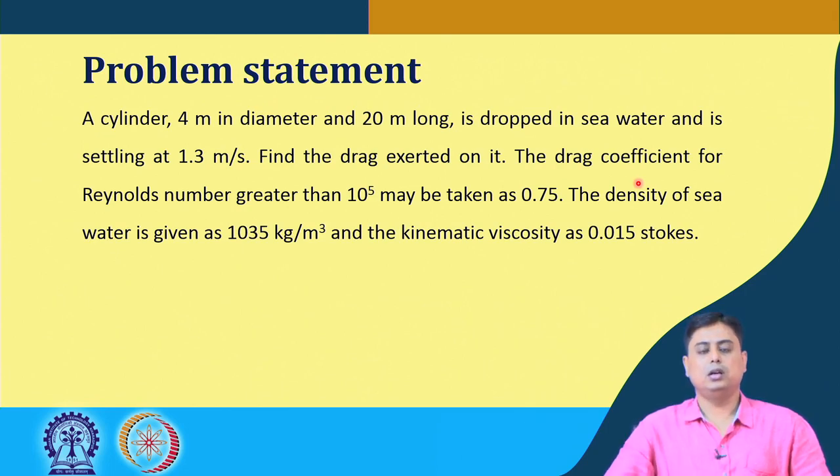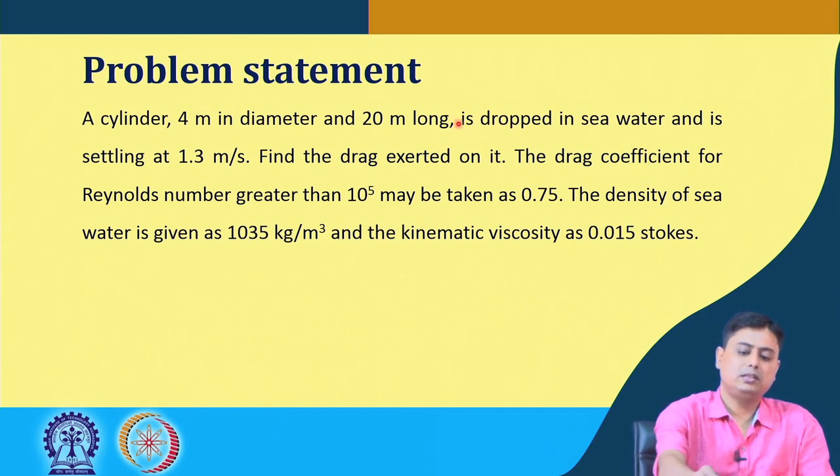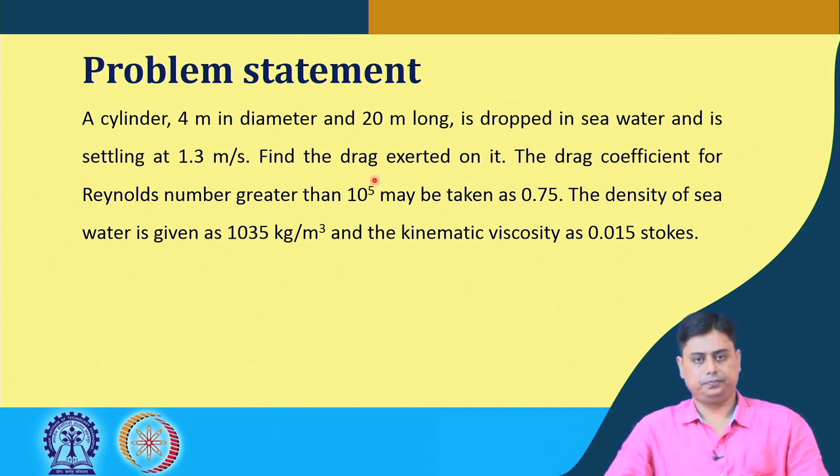So, typically you can understand the Reynolds number will possibly be greater than that, but still you need to calculate and show that the Reynolds number is certainly more than 10 to the power 5, and so the drag coefficient CD value you have taken as 0.75 and have done the rest of the calculations. So, here we have to calculate the drag force, or the FD value.